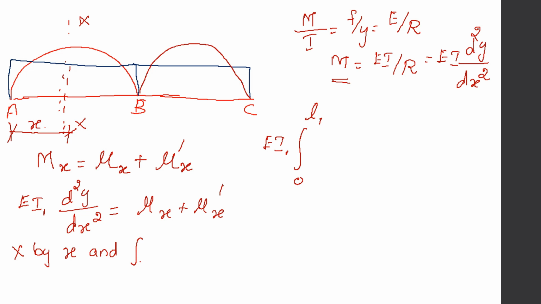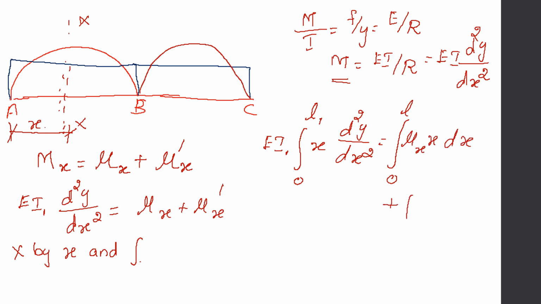So, EI1 into integral 0 to L1 of x into d square y by dx square is equal to integration of 0 to L of mu x into x dx plus integration of 0 to L of mu dash of x into x dx. Now this equation is of the form integration of u into dv.